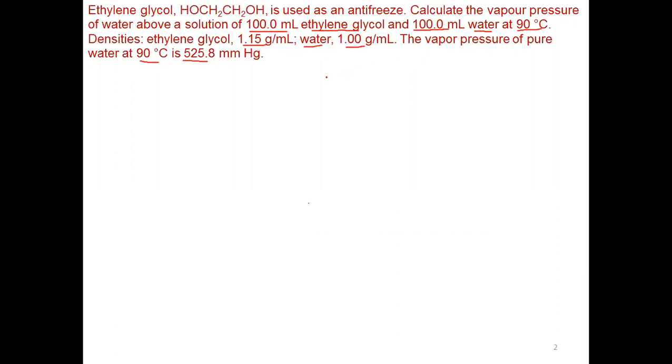But before that, let us quickly write what is given to us. We are given the volume of ethylene glycol, which is equal to 100 ml. We are given its density. So density of ethylene glycol, EG denotes ethylene glycol, is 1.15 gram per ml.